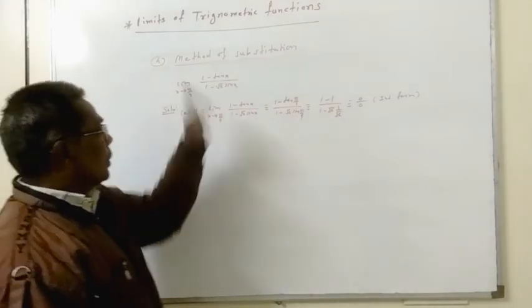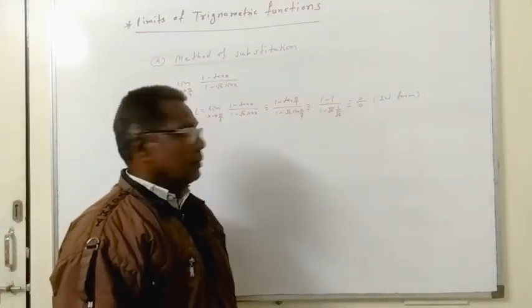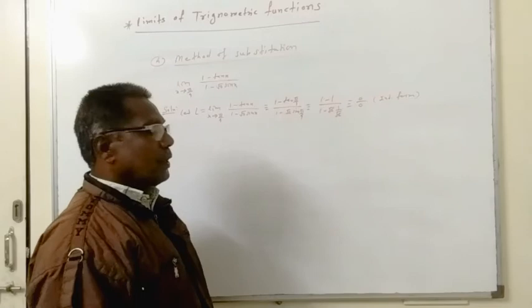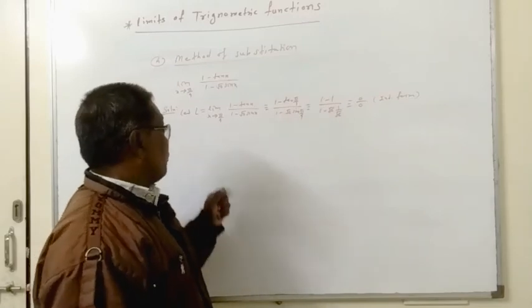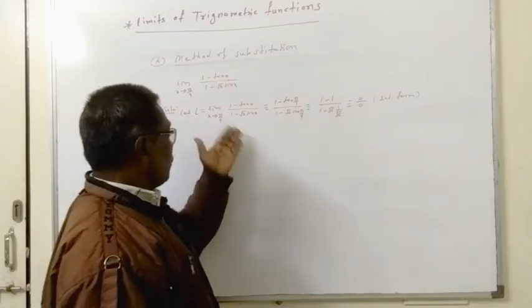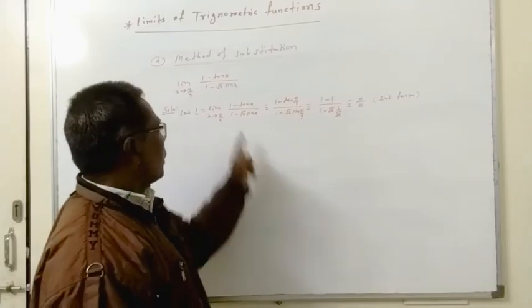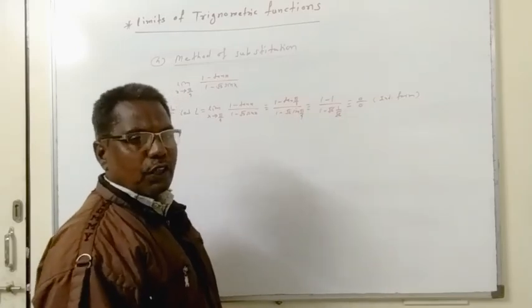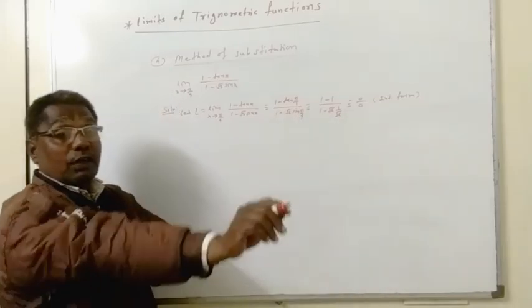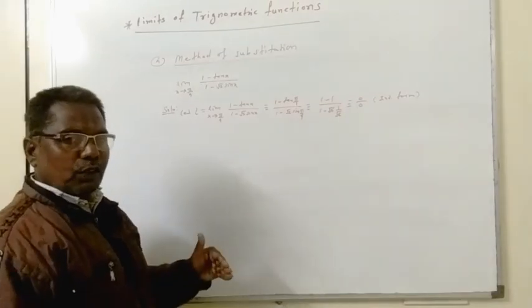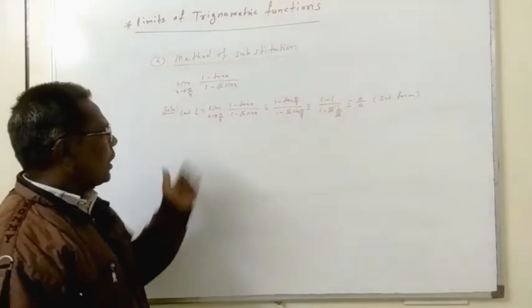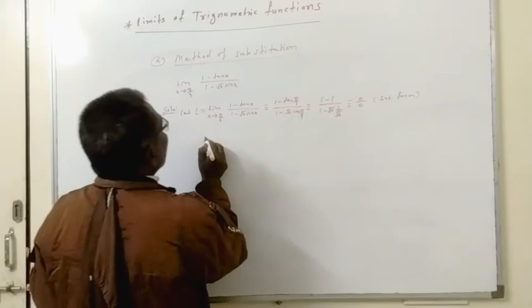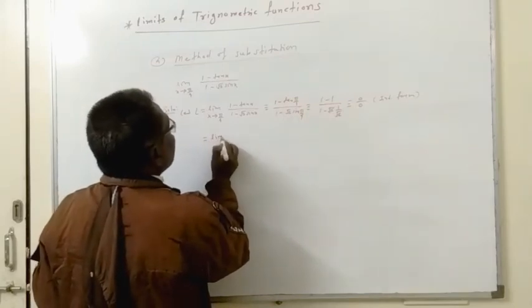So factorization or an identity is not possible here. Next is the method of substitution, but here we have a root function, and when there is a root function we use the method of rationalization, which we have studied in the algebraic functions. Here also that method we can apply. So we use that method and simplify first.